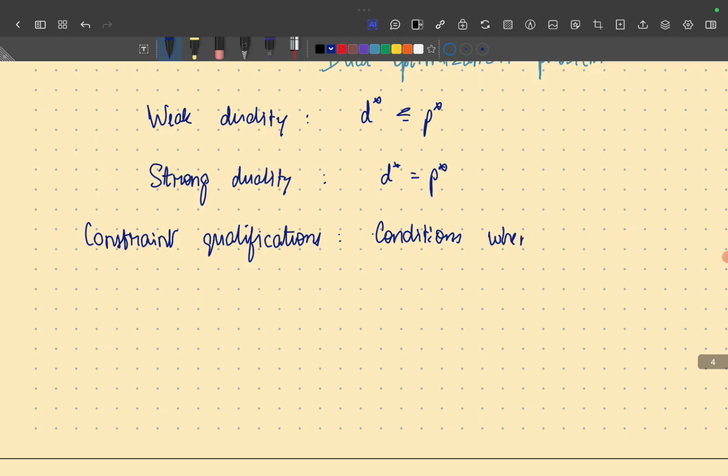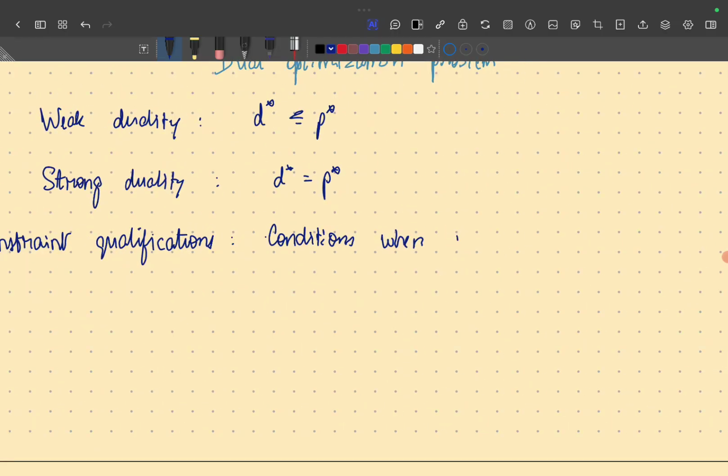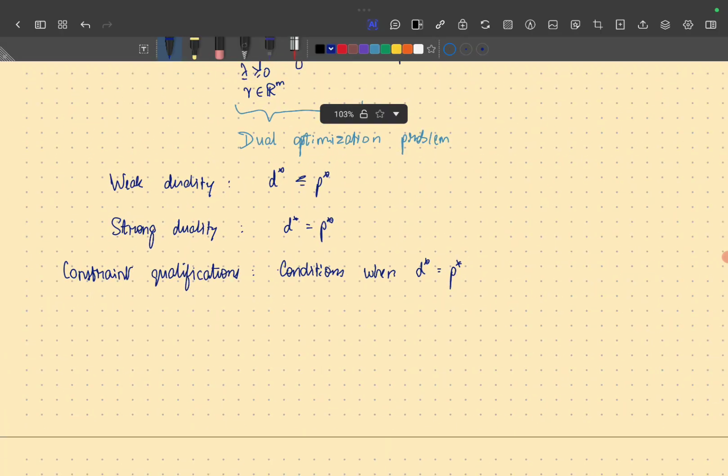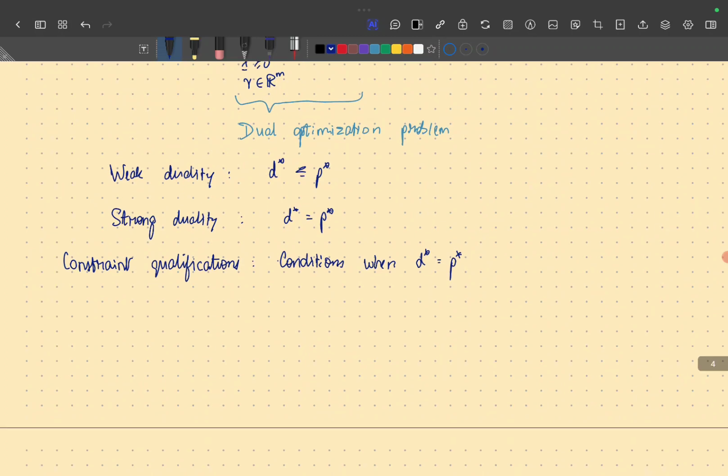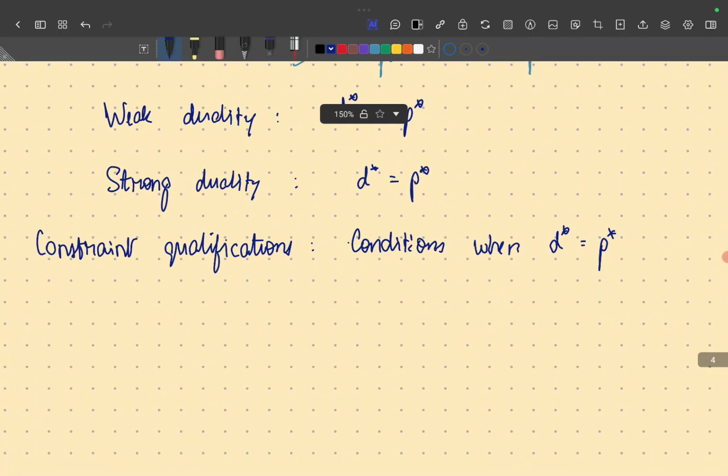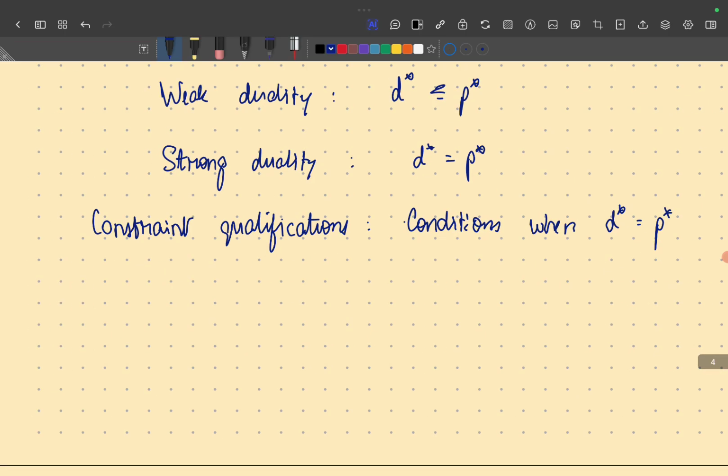Conditions when strong duality holds, or d star is equal to p star. One such constraint qualification is what is called Slater's condition.